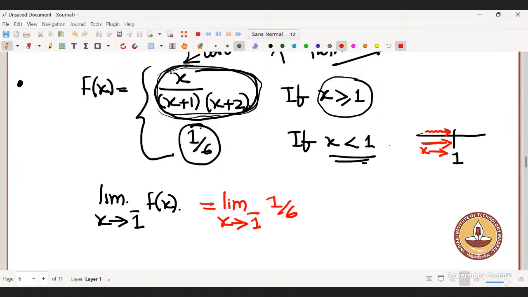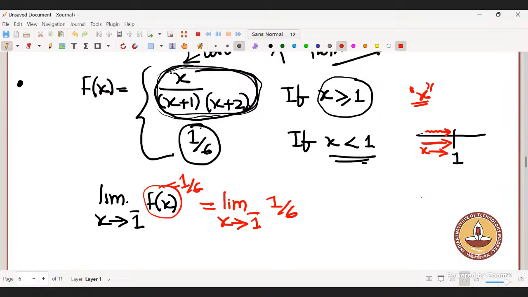So when you are coming to 1 from the left hand side, you are using numbers which are less than 1, right? Correct. In that case, the value of the function f of x is 1/6. When x is less than 1, it is 1/6.